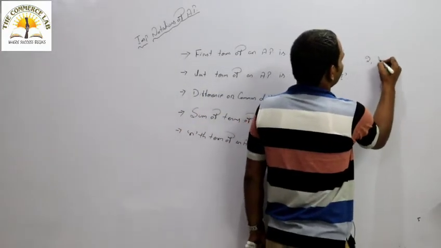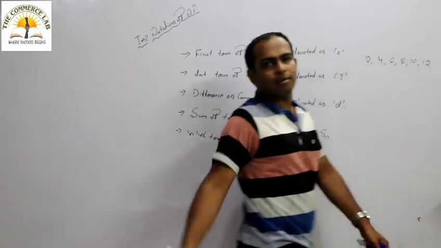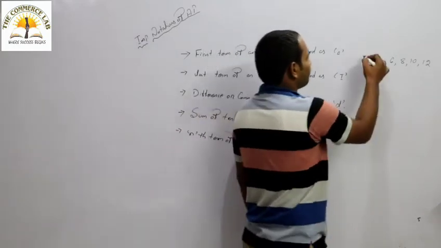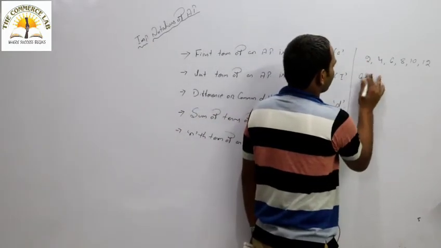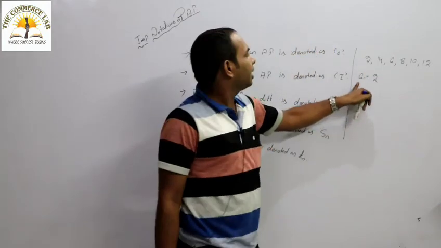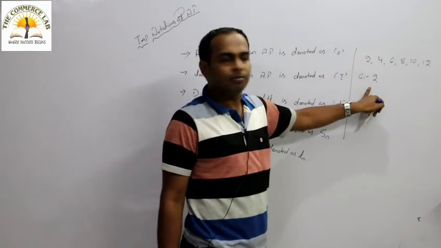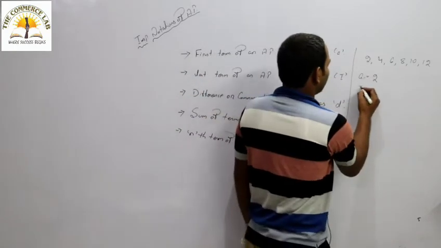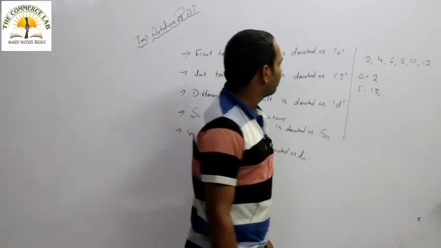Take 2, 4, 6, 8, 10, 12. Here a is equal to 2. What do you mean by a? a is the first term of an AP. Then the last term I is equal to 12.